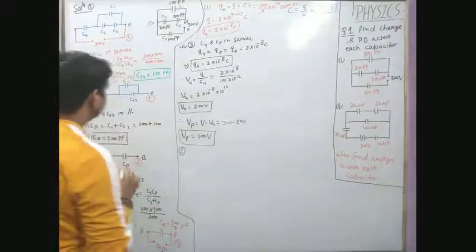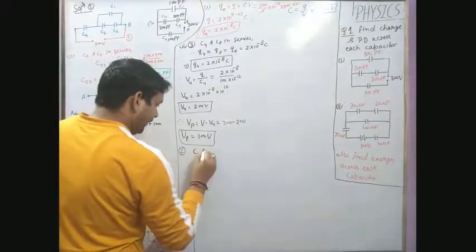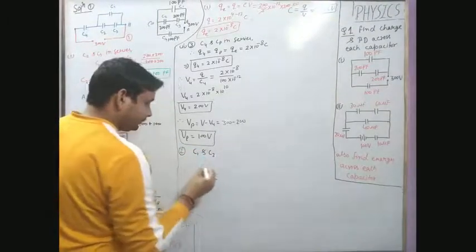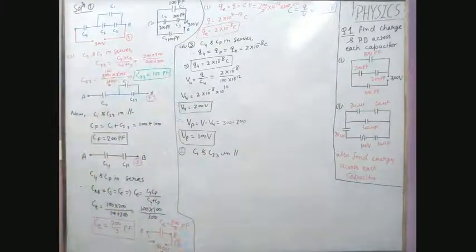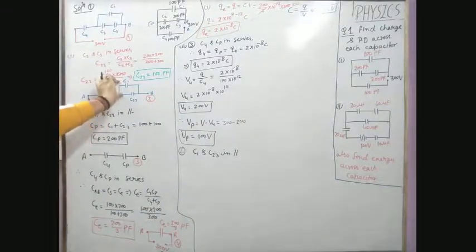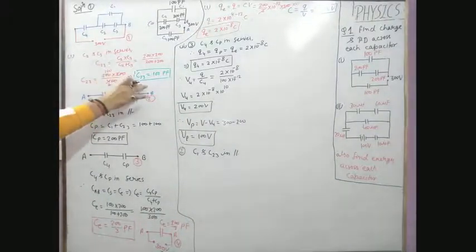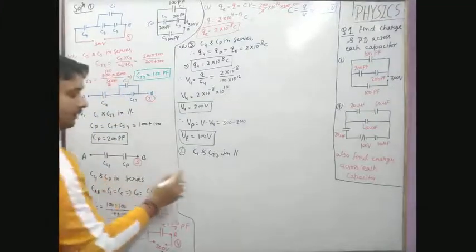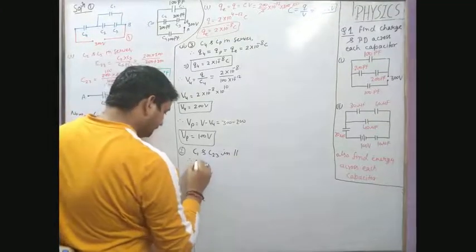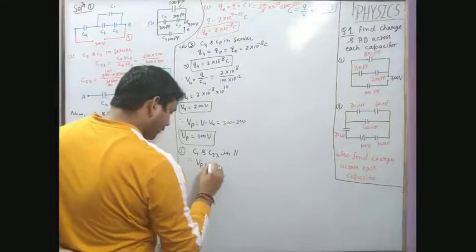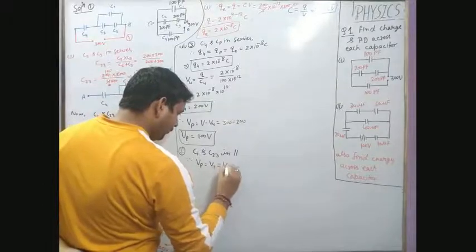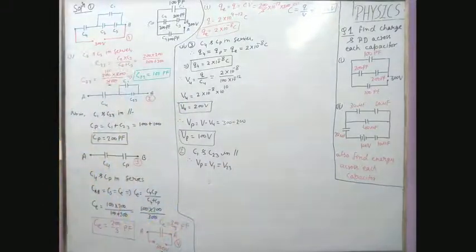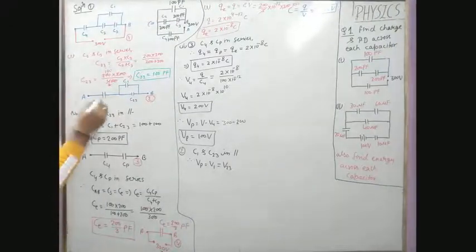In the second case, C1 and C23 are in parallel combination, and this circuit we are discussing is equivalent to Cp. Therefore Vp equal to V1 equal to V23, because in parallel combination the voltage across them is the same.